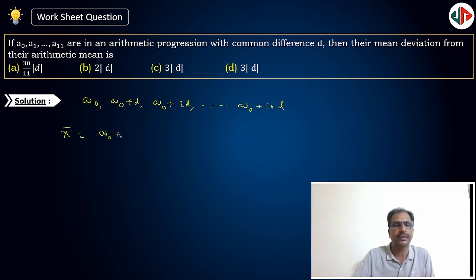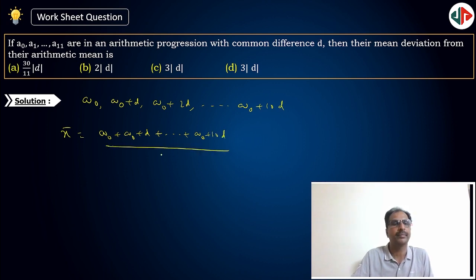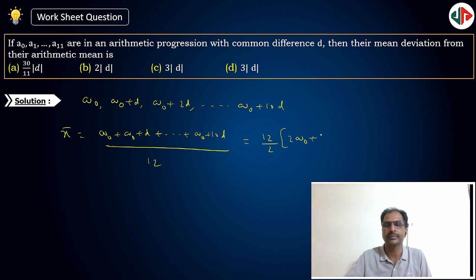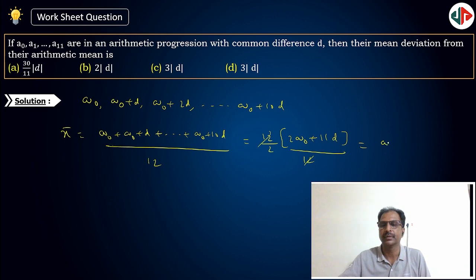This is A0 plus A0 plus D plus so on up to A0 plus 10D, by the number of terms, 12. Or you can use the sum of n terms in AP, n/2, that is 12/2 into (2a + 11d), by 12. The 12s get cancelled. So A0 plus 11d/2.